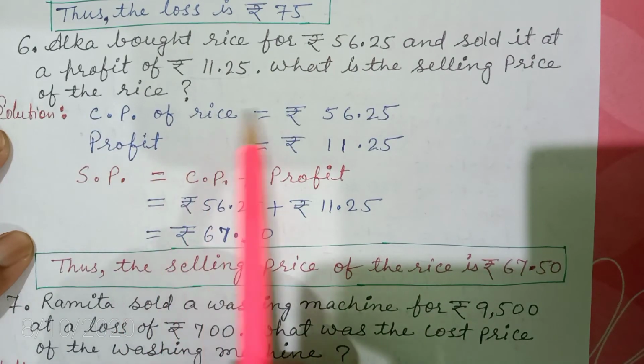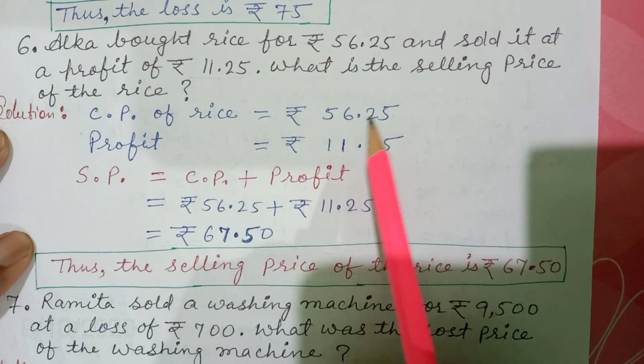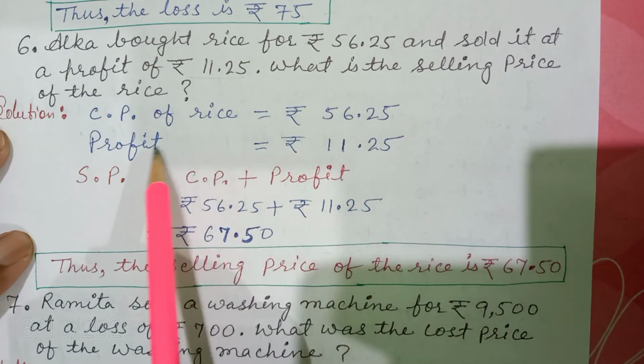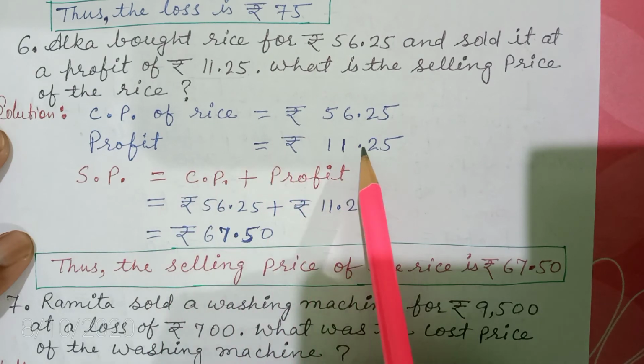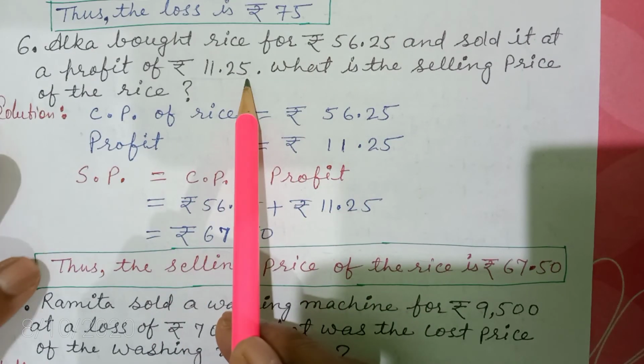So CP of rice equal to rupees 56.25. It is given in the question, and profit equal to rupees 11.25. It is also given in the question.